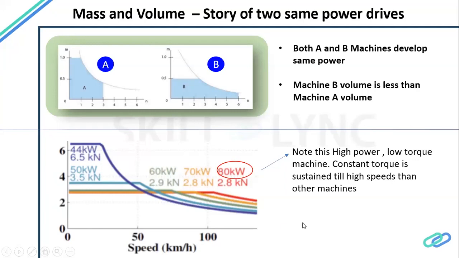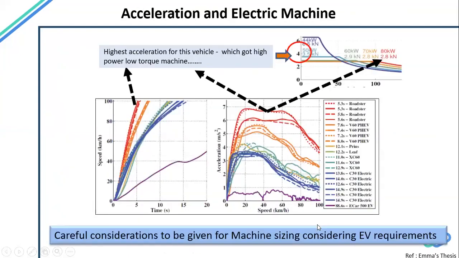So which one to select? There may be another criterion to select on, which is acceleration, because we have to look into whether you need more sustained torque for higher speeds. That will give us a very quick acceleration.